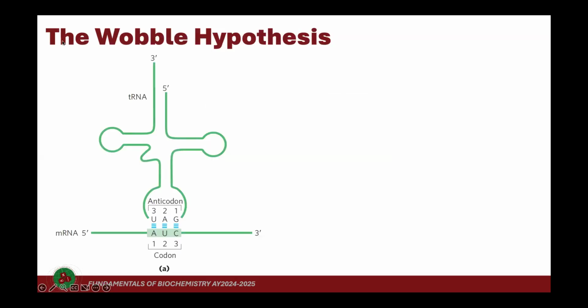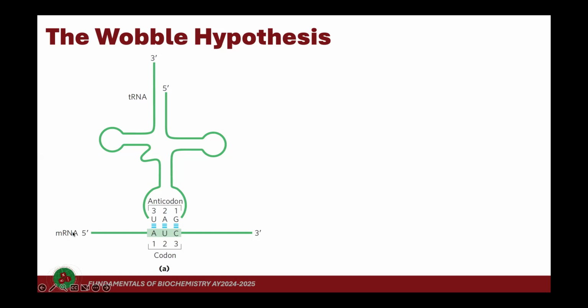There is this thing called the wobble hypothesis. Your tRNA is the adaptor molecule, right? Your tRNA has a certain sequence called the anticodon. Remember, this tRNA is the one interacting with your mRNA transcript, so their directionality should be opposite each other.